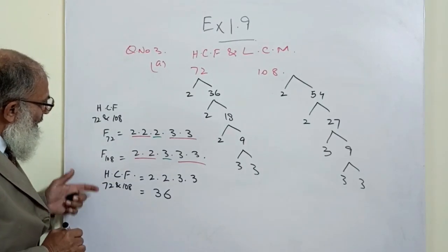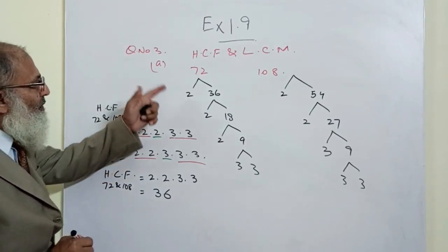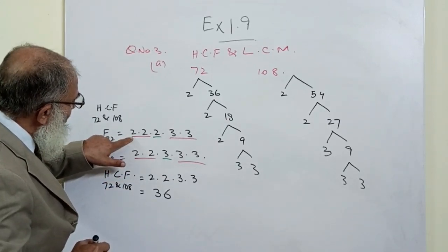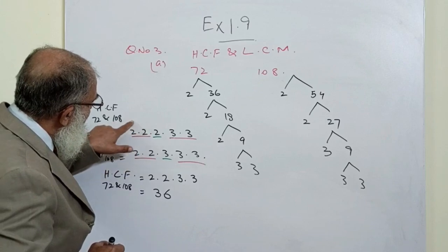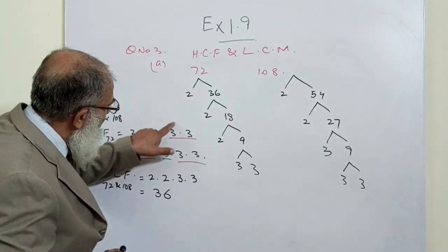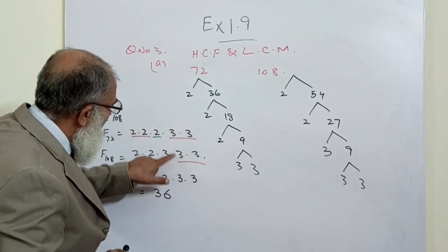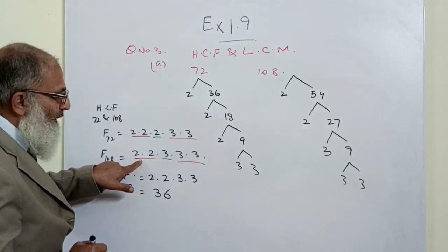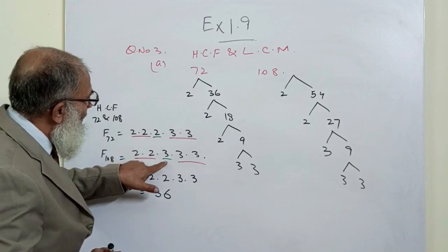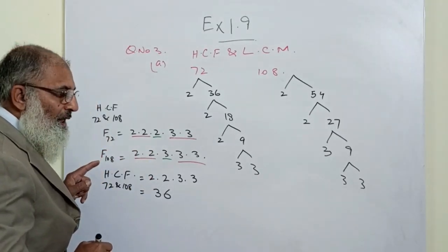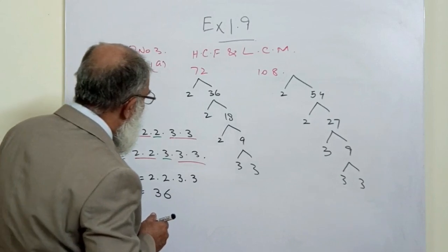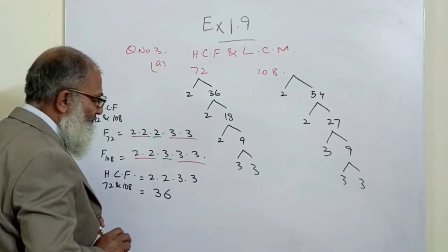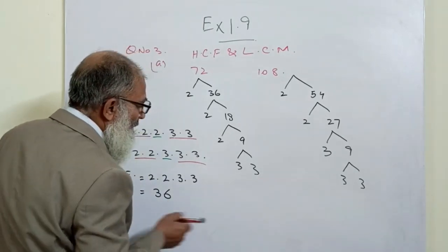Now I have to find the LCM of the same numbers. You see, red color is the color for the common factors, and green is for the uncommon numbers, which are leftover numbers. Now what do we do here?